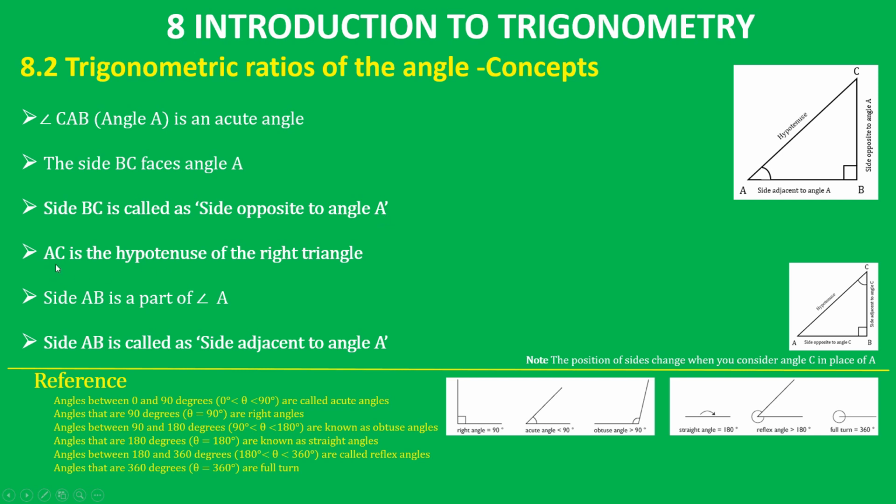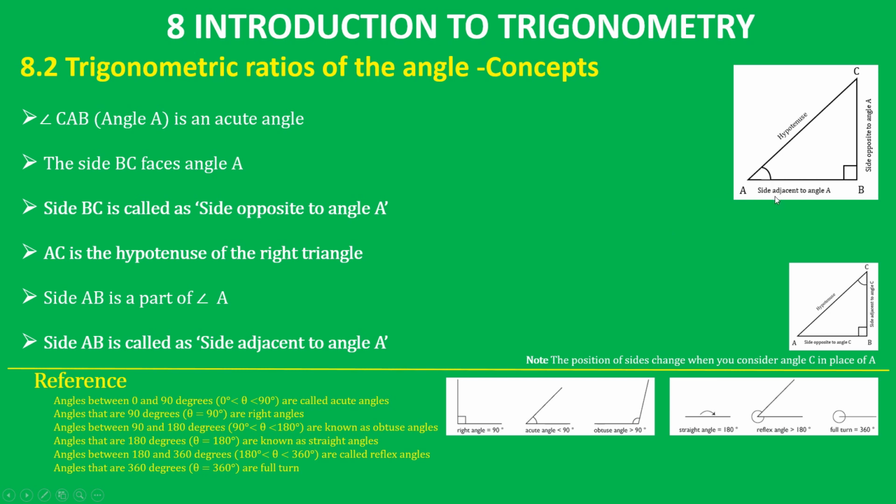Then AC is the hypotenuse of the right angle triangle. Right angle triangle is also called simply a right triangle. AC is the hypotenuse. You are aware of this. Now, side AB. This is adjacent to angle A, right? That is why we call it the side adjacent to angle A. Why are we calling them this?